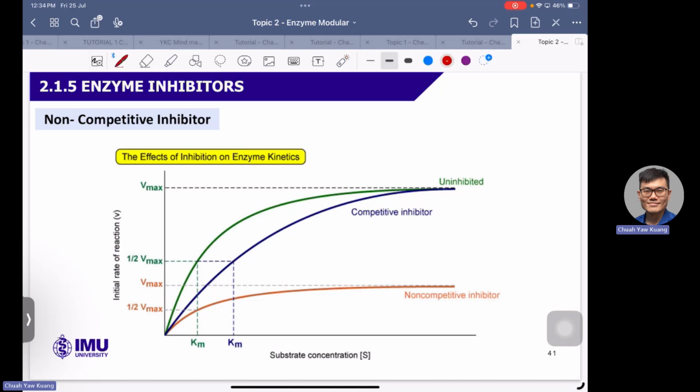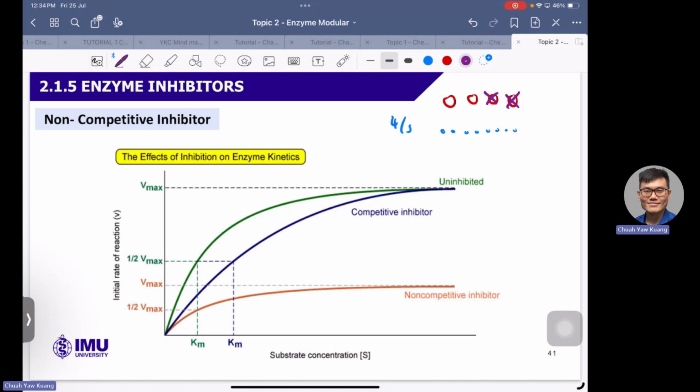Let's say initially you have 4 enzymes. With your substrate, you can happily achieve 4 per second. Now you add the non-competitive inhibitor and shut down 2 enzymes, which are no longer working. So what is your maximum rate of reaction now?